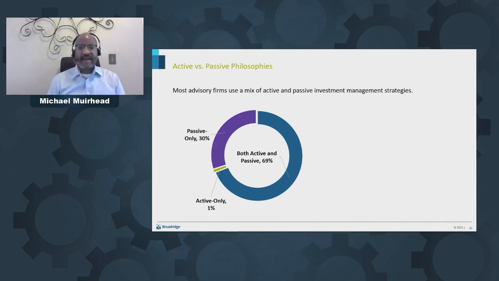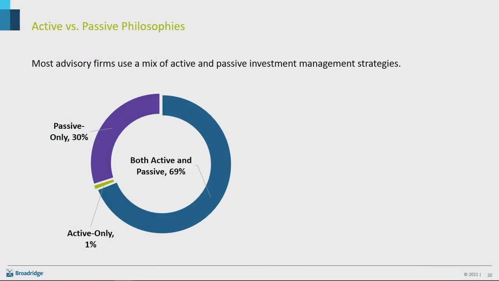The next topic that I wanted to cover relates to the debate between active versus passive investment strategies. And here again, we have a practice that wants to make sure that there is some rationale that the advisor, the firm, is going through in terms of determining which is most appropriate for their clients, the merits of passive versus active strategies.